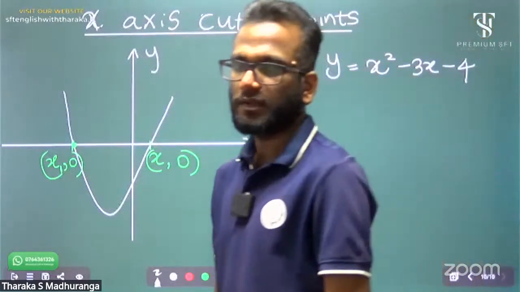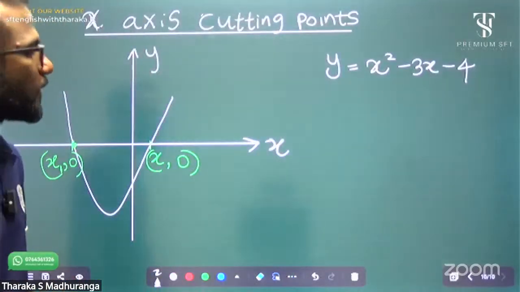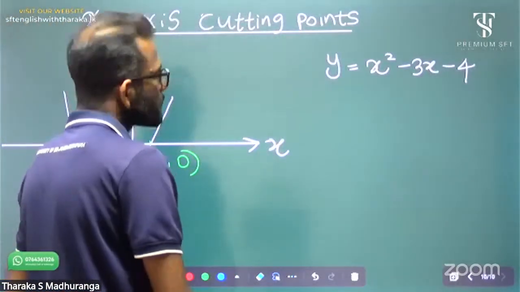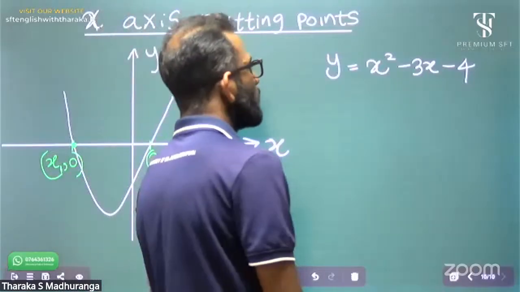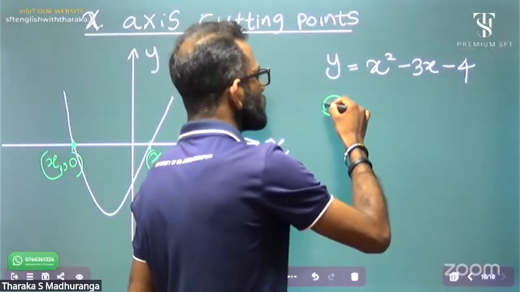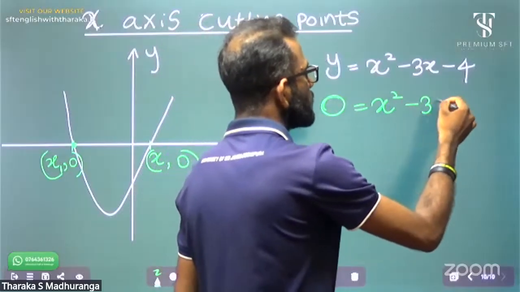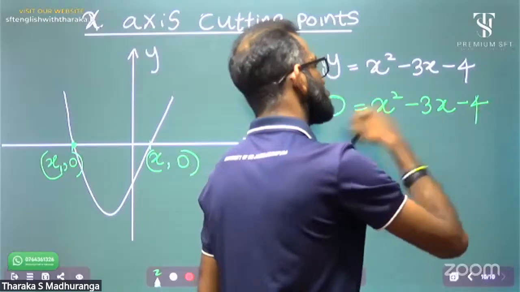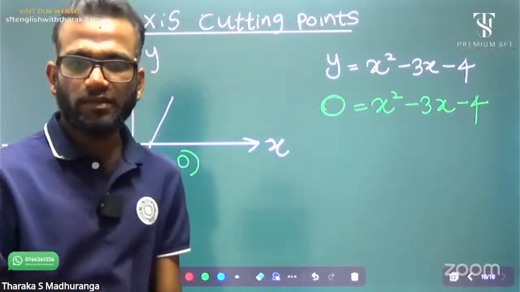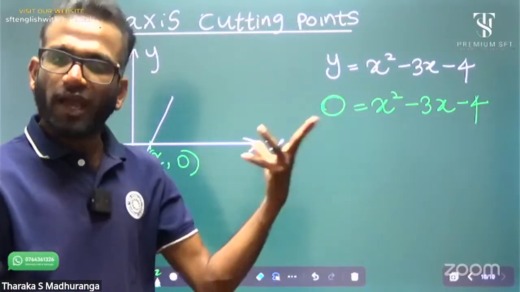How to calculate x-axis cutting points? The x-axis cutting point is at y equals 0. Y equals 0, x squared minus 3x minus 4. Okay, that's the method. But this calculation is a little bit hard.